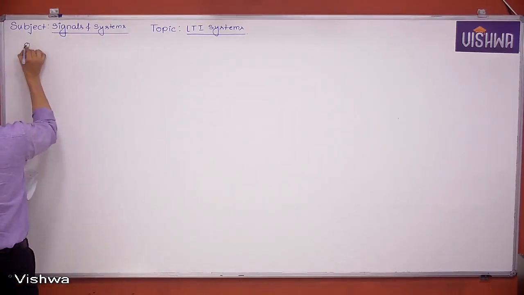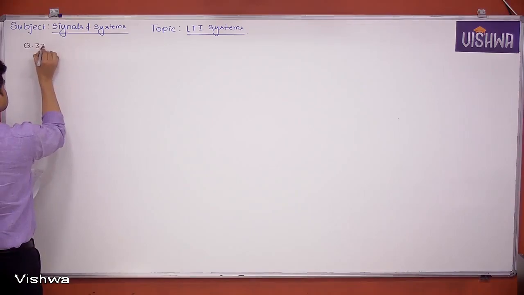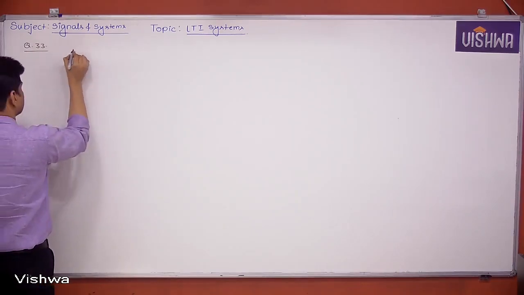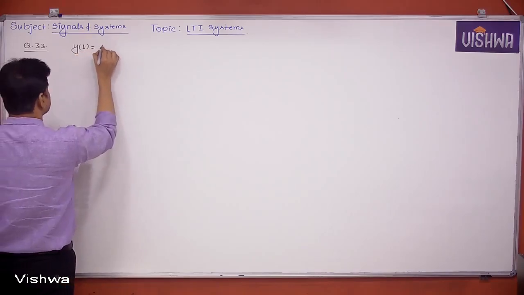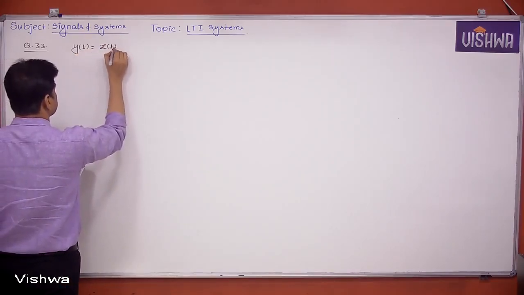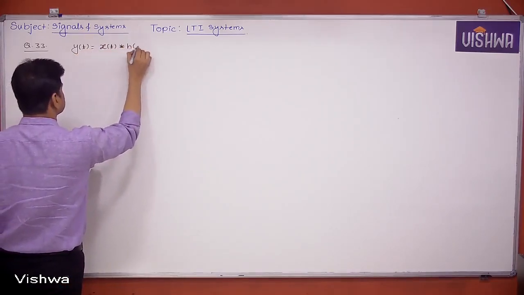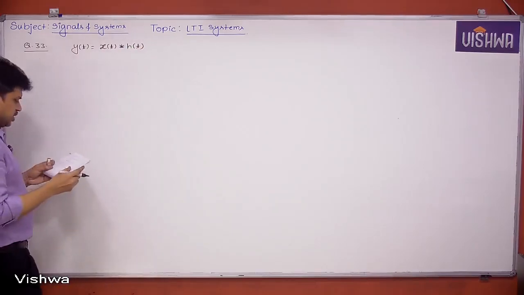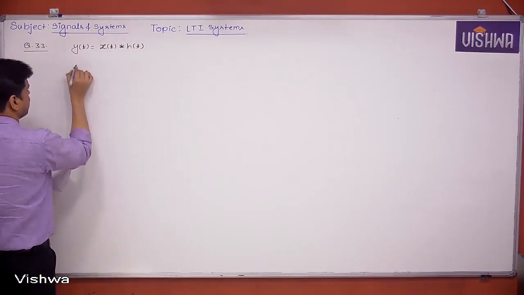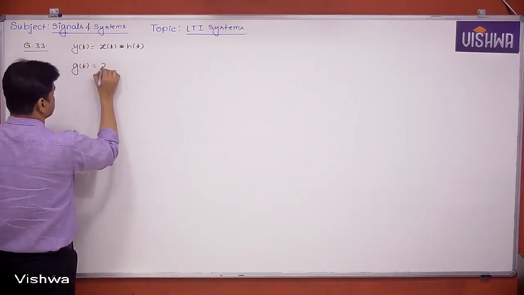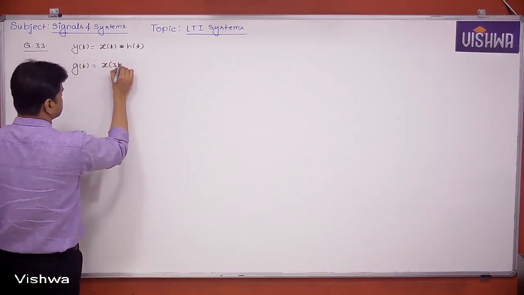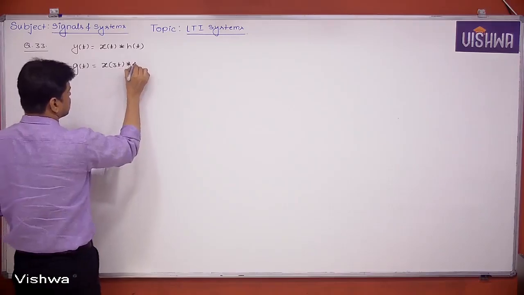Okay, take it. I am writing the question. y of t is equal to x of t convolution with h of t. g of t is equal to x of 3t convolution with h of 3t.